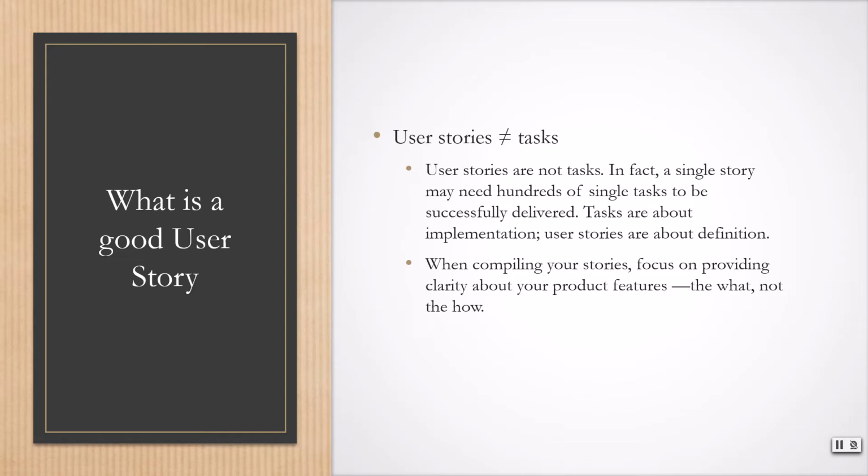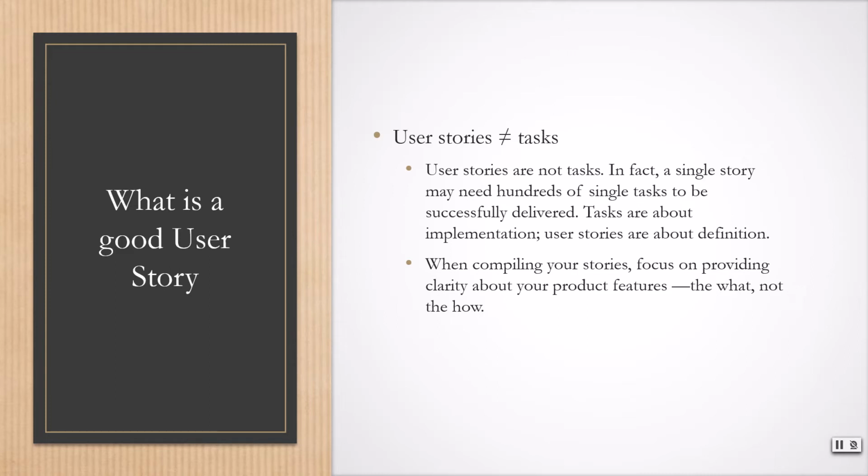And of course, a user story is different from a task. Some stories are not tasks. In fact, a single story may need hundreds of single tasks to be successfully delivered. Tasks are about implementation. User stories are about definition.